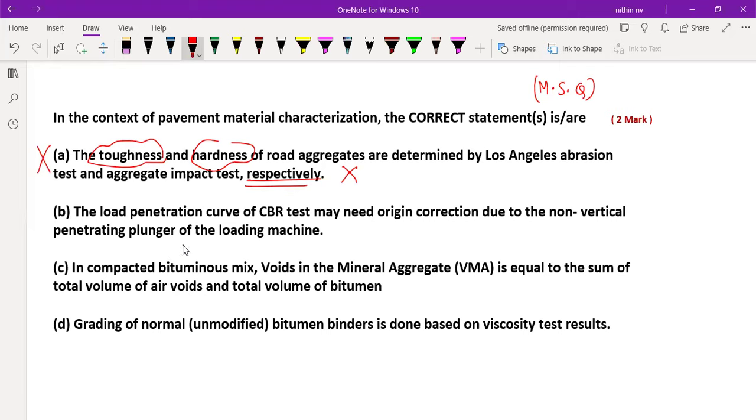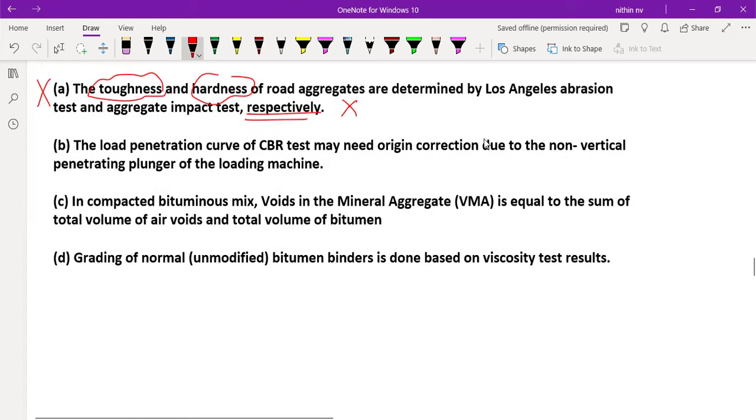The second statement: the load penetration curve of the CBR test may need origin correction due to the non-vertical penetrating plunger of the loading machine. Yes, that's a correct statement. If the plunger is not exactly placed vertically, then the graph will not go straight; there will be an initial concavity.